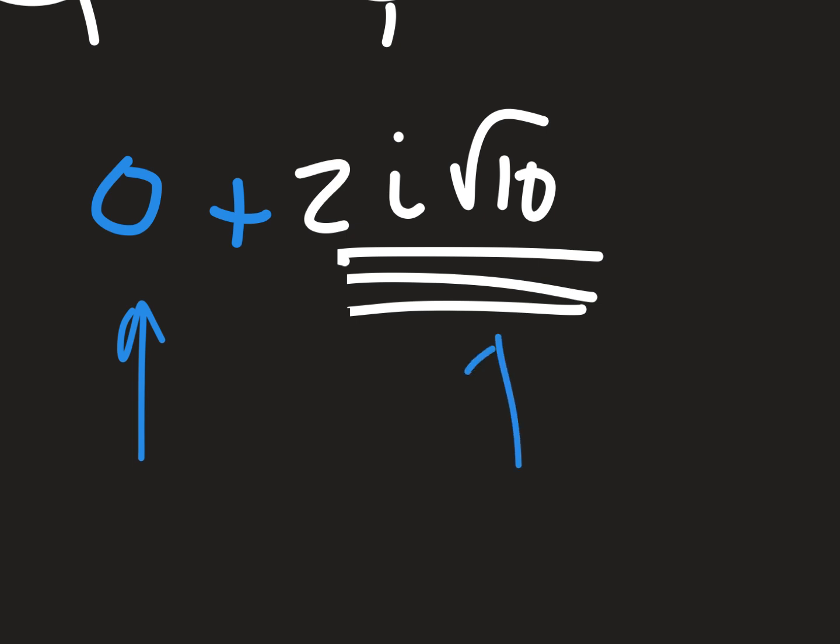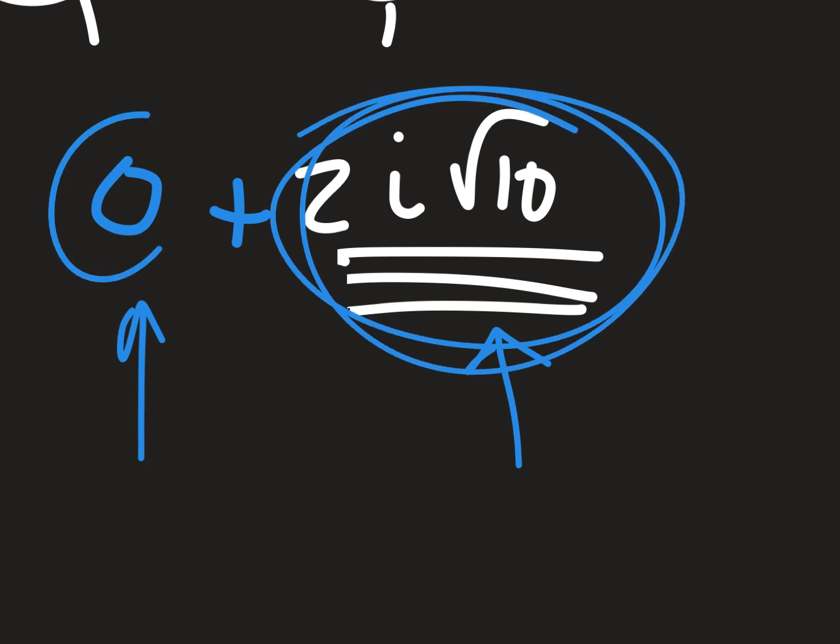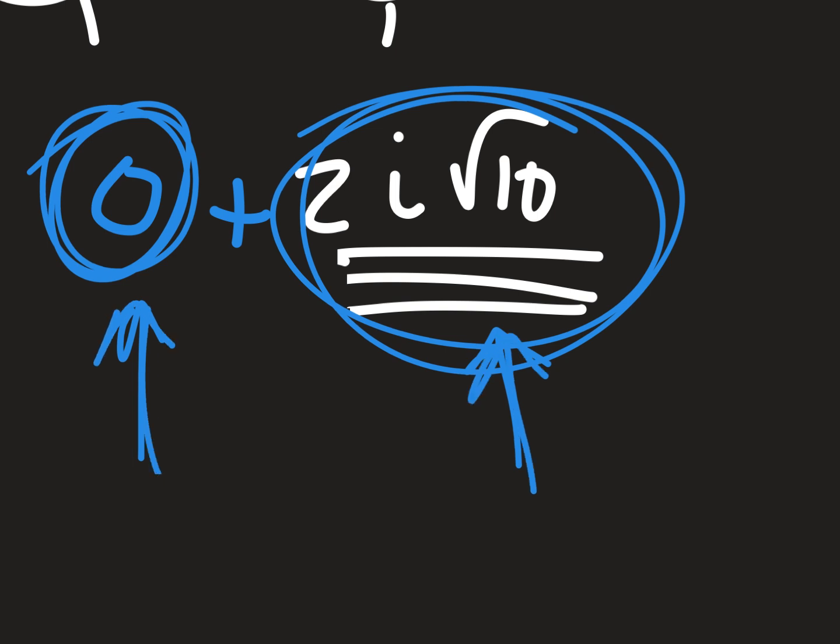And an imaginary part. Imaginary, real, put them together. What's that called again? Complex. That's what a complex number is. It's got a real part and an imaginary part. All right. Now let's go back to this.